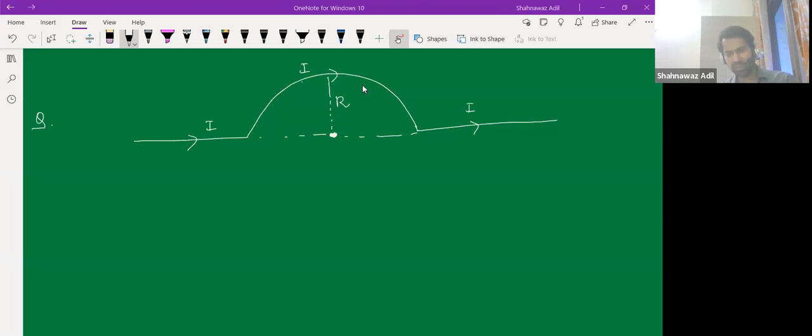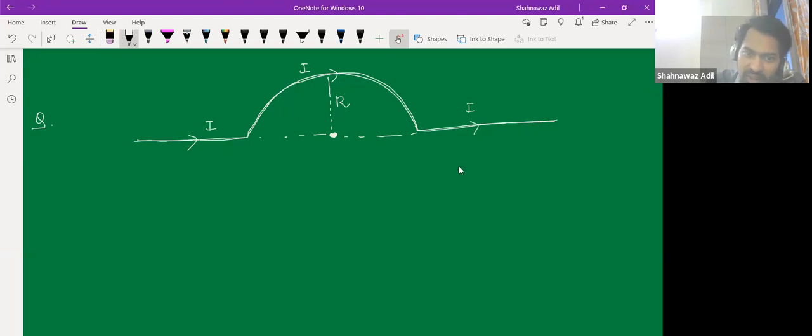Yes, Tariq, what do you think? How many contributions would be there at this point? So four contributions, I1, I2, I3, I4? Or I can see one straight wire, then a curved wire. This semicircular one is split into two, right? Yes, it will be four.